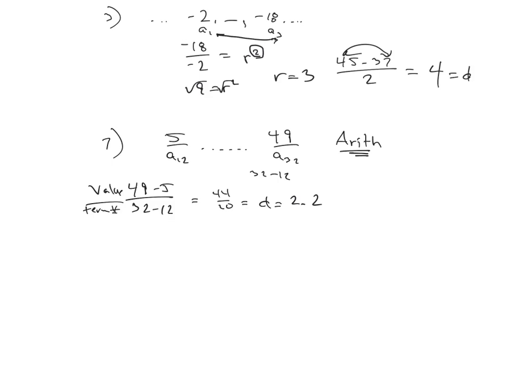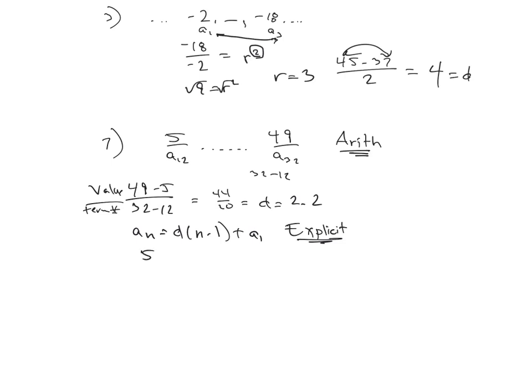So if we think about what a sub n is, this is the formula I'm talking about. This is how you do explicit, whether it's arithmetic or geometric. I'm having trouble talking and writing. This is your explicit form, but obviously there's a different one for geometric. So I'm going to pick on the small one.